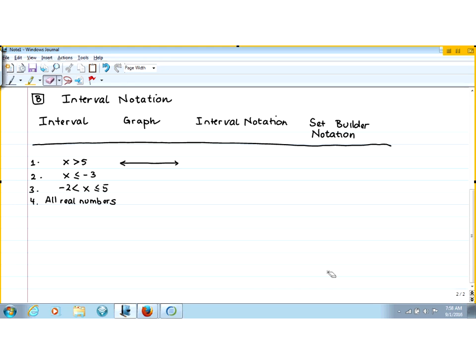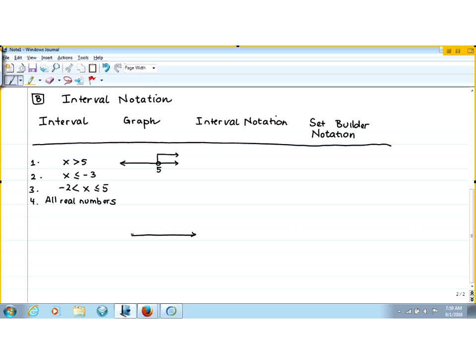I'm going to use a little bit different notation, so I'm not going to shade it because it's really hard to see. But I'm going to tell you what Math Excel does. So this is what I will use. 5. Is it open or closed? Open. Why is it open? It doesn't include 5, so it's going to look like this. Why is my arrow pointing to the right? Greater than 5. Yeah, it's greater than.